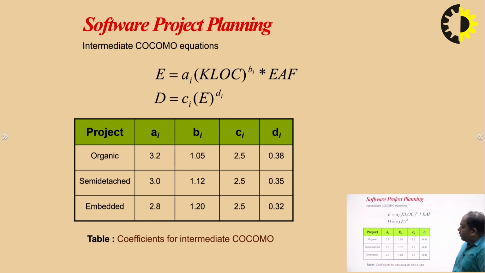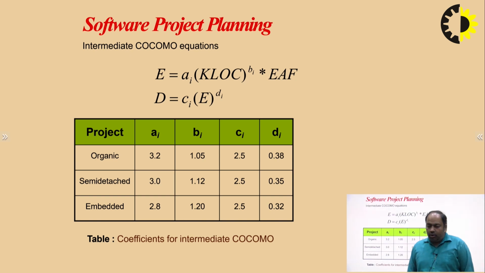So for organic, semi-detached and embedded mode, the constants A, B, C and D remain, but their values are different from what we have seen in the basic model. For organic mode, the value of A is 3.12, B is 1.05, C is 2.5 and D is 0.38.